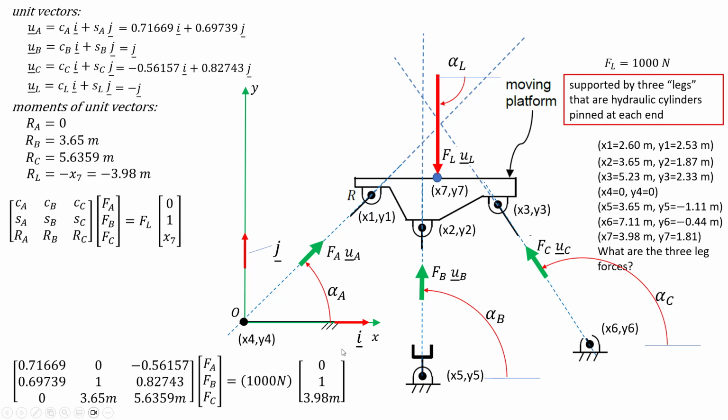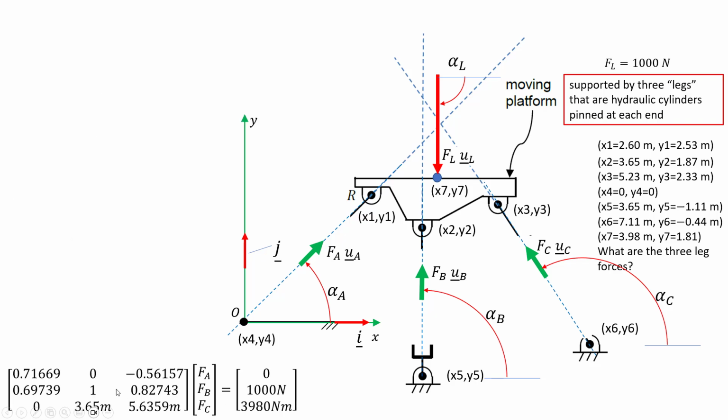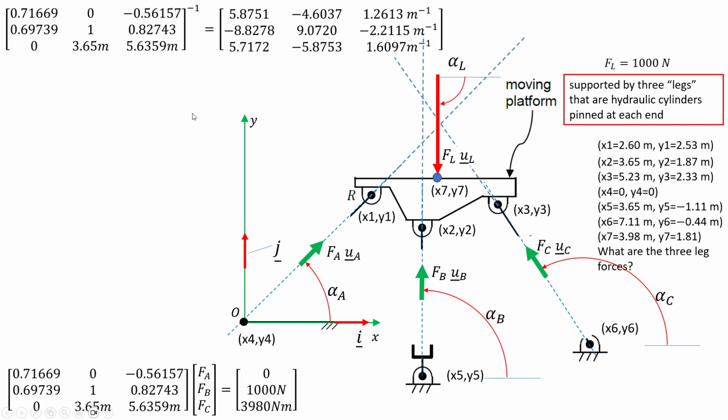My FL is 1,000 newtons, so I've got that in. I've got 0, 1, and 3.98 meters for X7. So that's the equation that I want to solve for my three unknowns. What I need is the inverse of this matrix, and I've generated that, and again I tried to be careful with the units, because I actually have meters to the -1 in that third column.